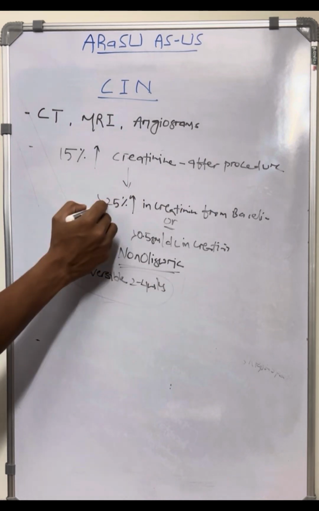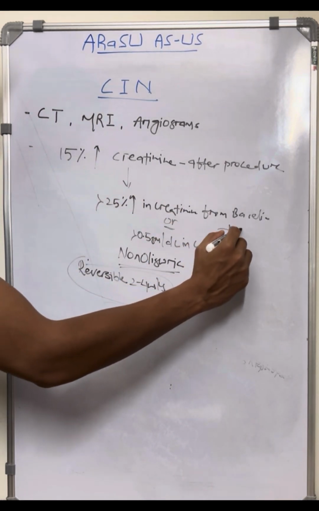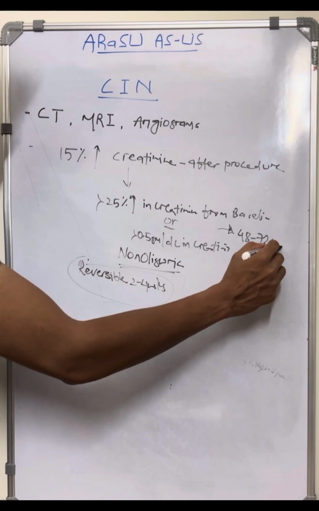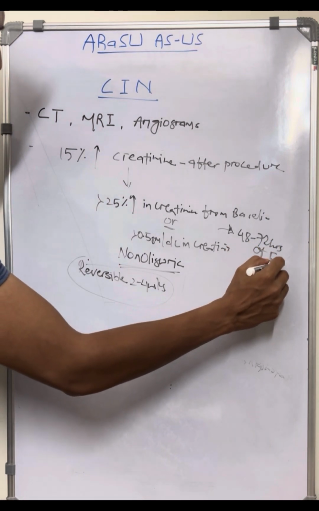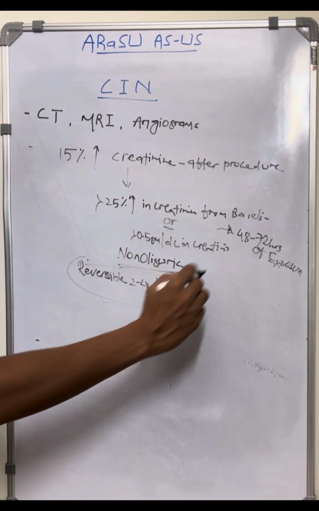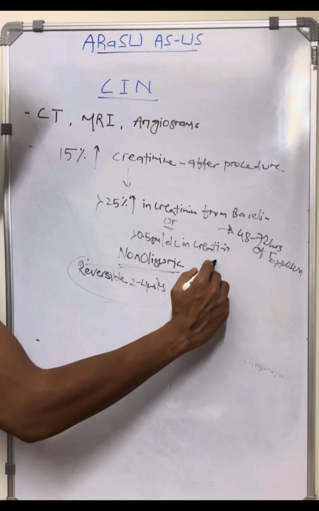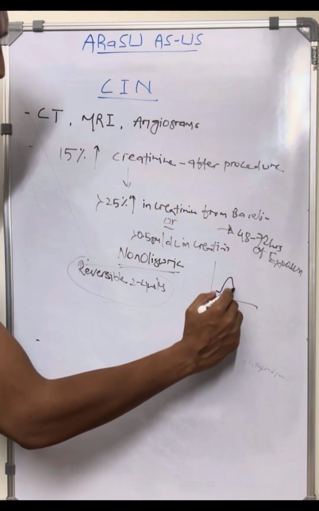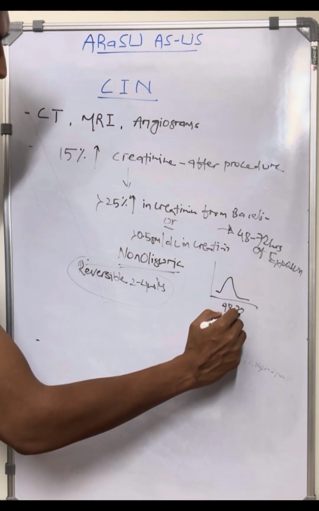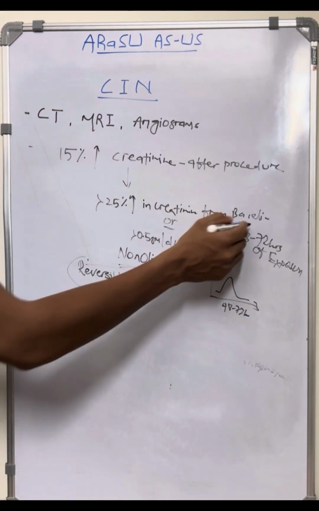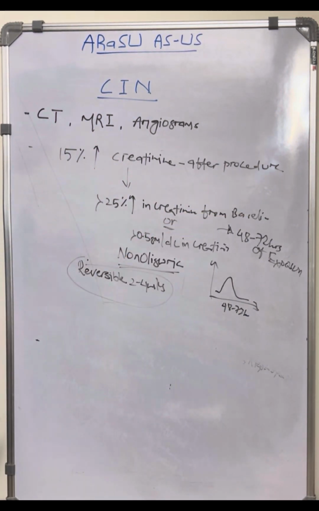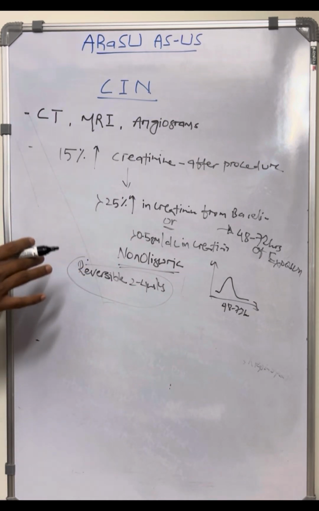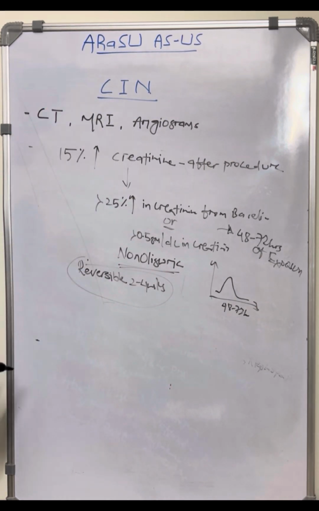And this increase we can check after 48 to 72 hours of exposure. You might have seen many graphs related to contrast-induced nephropathy. The creatinine will have a peak in 48 to 72 hours. So that's why we have to repeat creatinine after 48 to 72 hours. So this is the definition to consider as contrast-induced nephropathy.